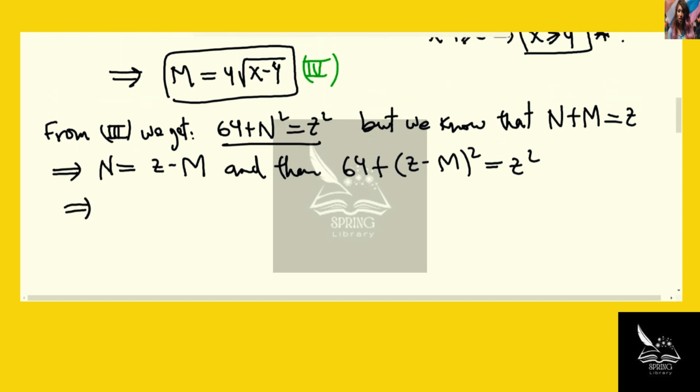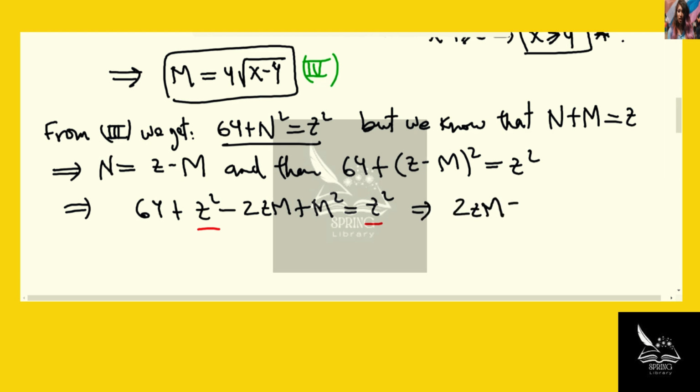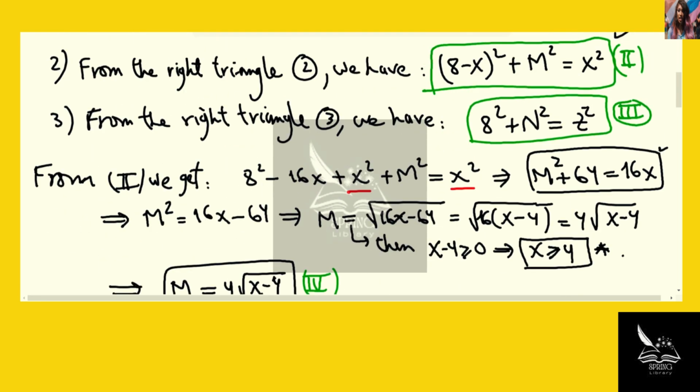That is 64 plus z squared minus 2zm plus m squared equals z squared. The z squared terms cancel out, so we finally get 2zm equals 64 plus m squared, and that is why we are going to use this preliminary result here.